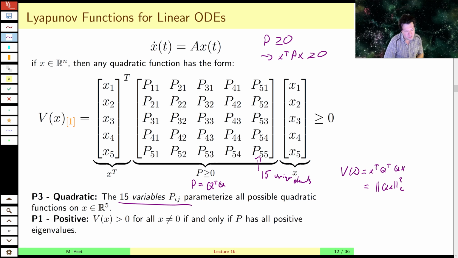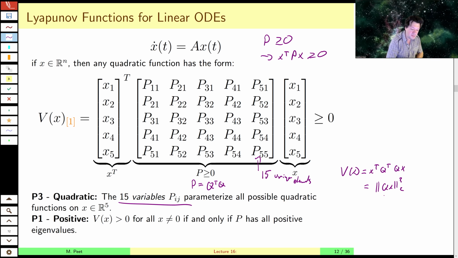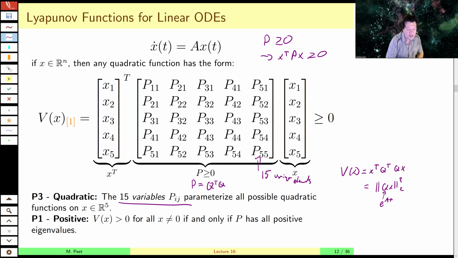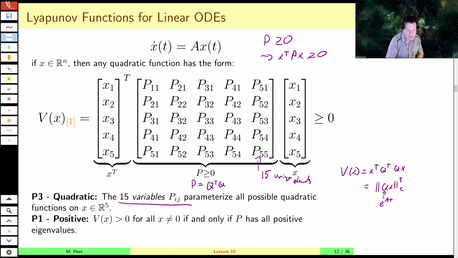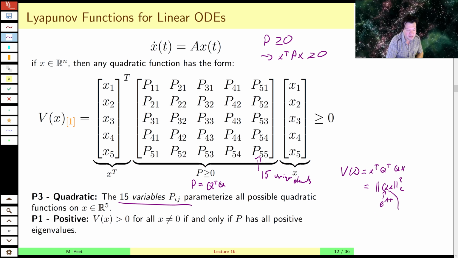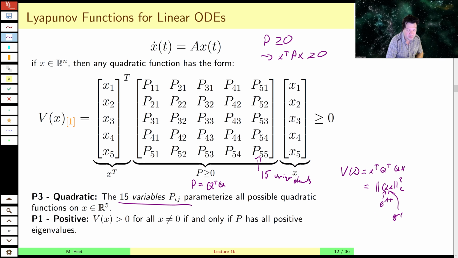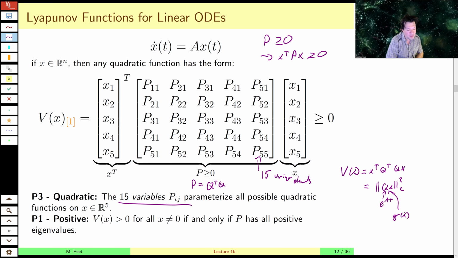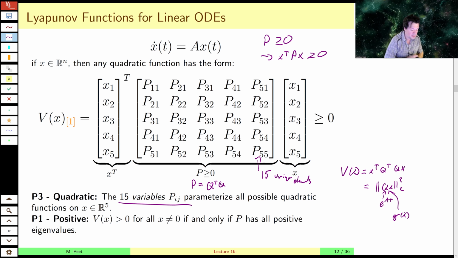So if we now think about this Q as the matrix exponential, what happens, for example, if we generalize this Qx to nonlinear forms, g of x? Can we parameterize non-quadratic Lyapunov functions using that approach?